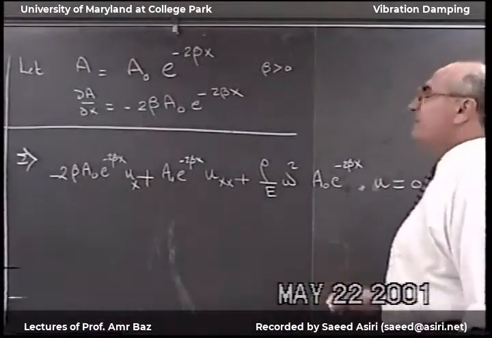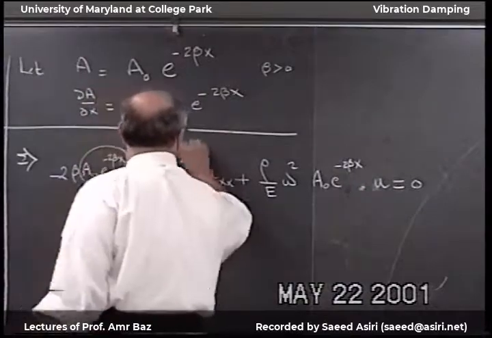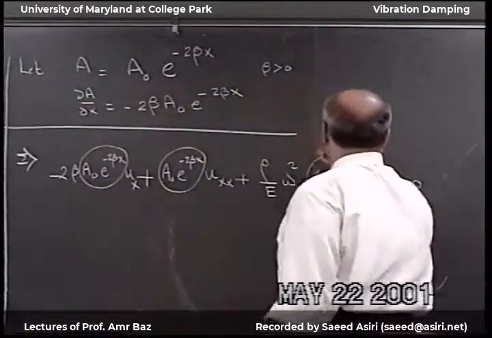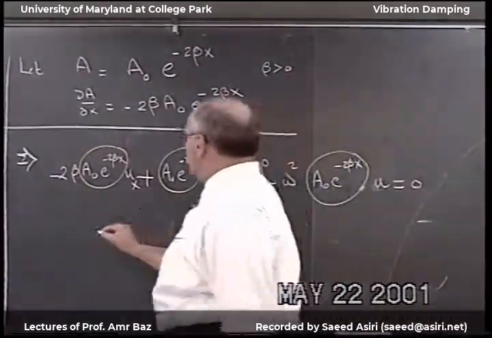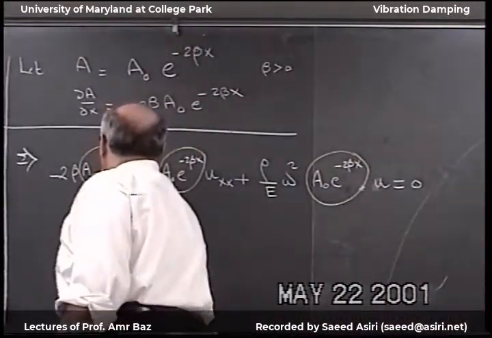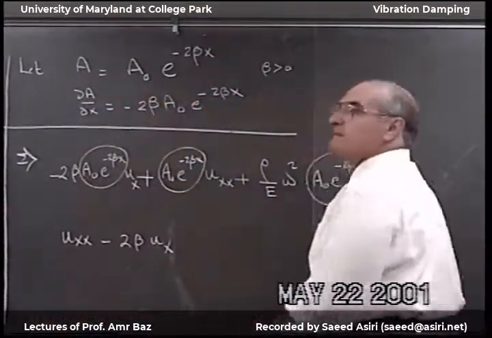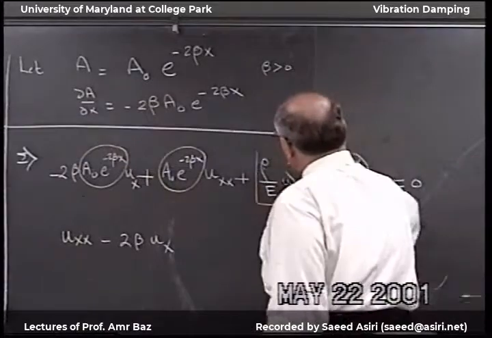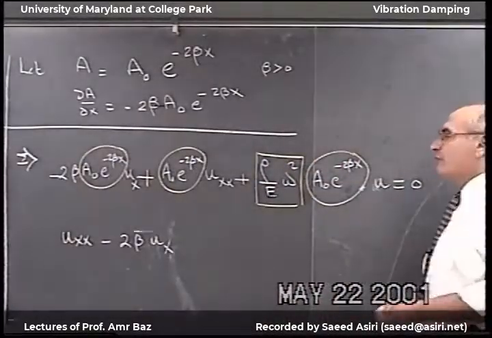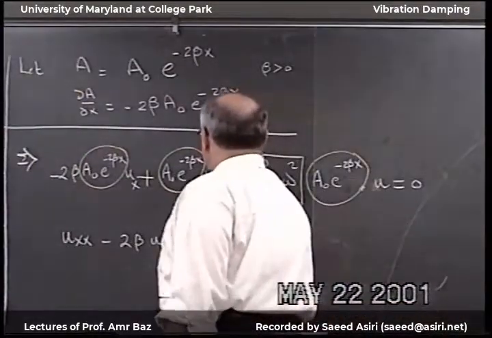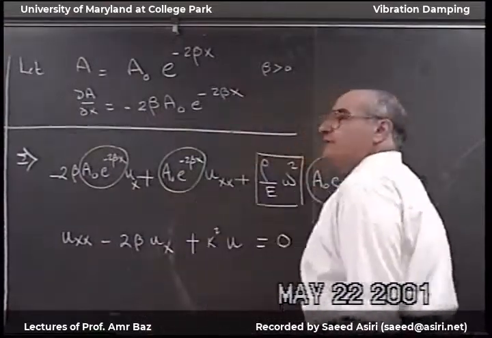Now I'll drop this term, and the equation reduces to u xx minus 2 beta u x, and then this is the classical wave number for rods, k squared u, is equal to 0.